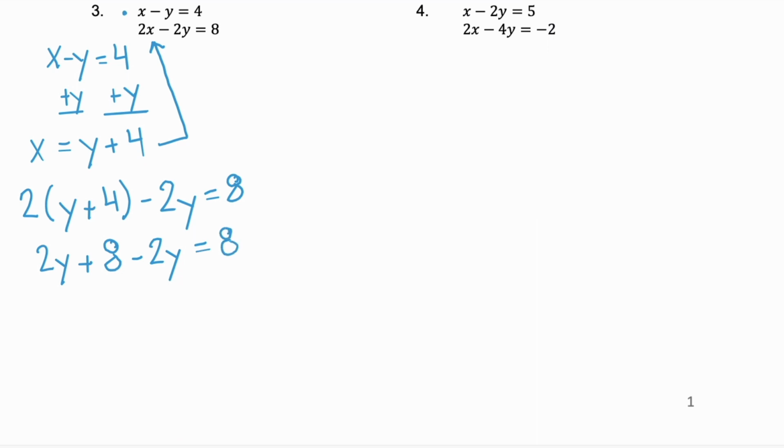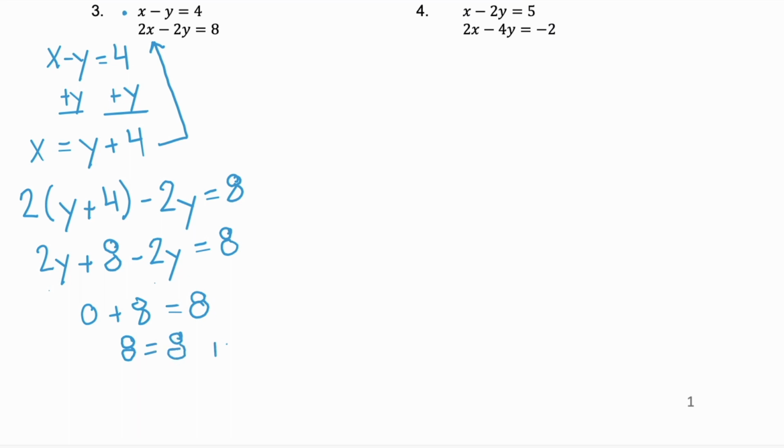Now we need to combine like terms on the left-hand side, and notice what happens. We have 2y and a minus 2y. Well, those simplify out to just 0. So we have 0 plus 8 equals 8, or 8 equals 8.